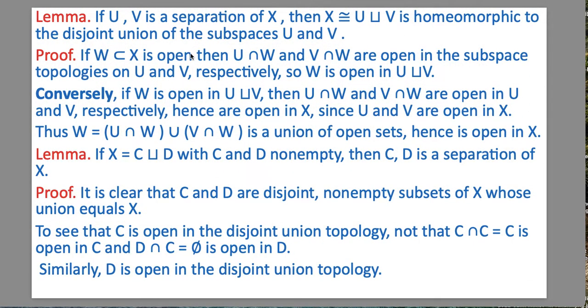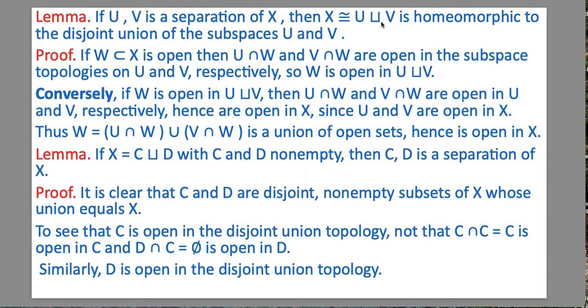One more lemma. If U, V is a separation of X, then X is homeomorphic to the disjoint union of U and V. This symbol is used to denote the union of U and V such that U and V are also disjoint.